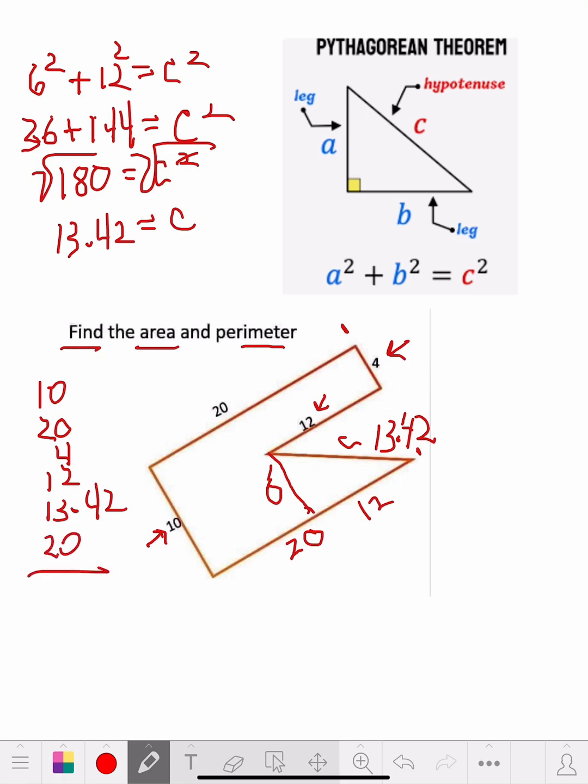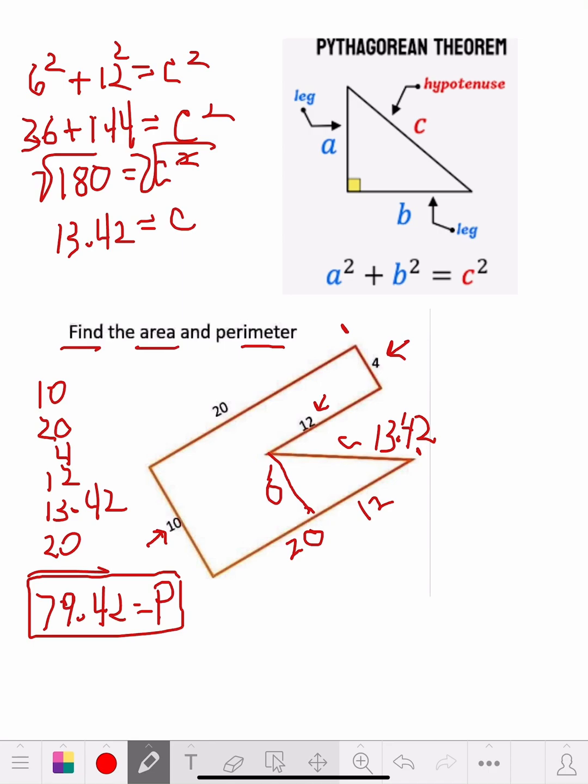Now let's add them all up together. I get 79.42 equals P. So let's square this off so the teacher knows, hey, at least that's one of my answers. Just in case the test ends, at least I got one thing squared. So that's going to be the answer for that.